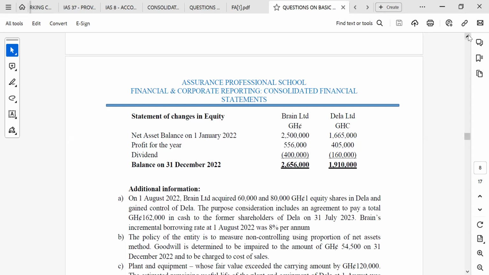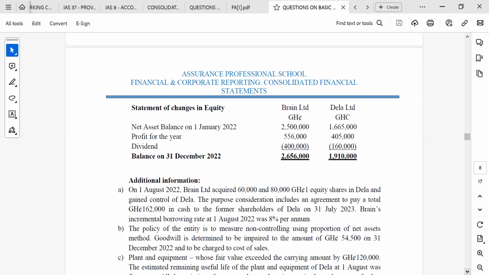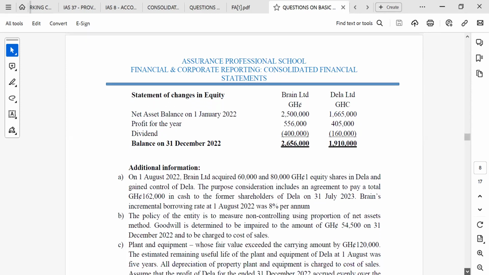So that will be a post-acquisition dividend. The dividend paid is 160. And the question is telling you that the investment income over there is a dividend share for the parent.